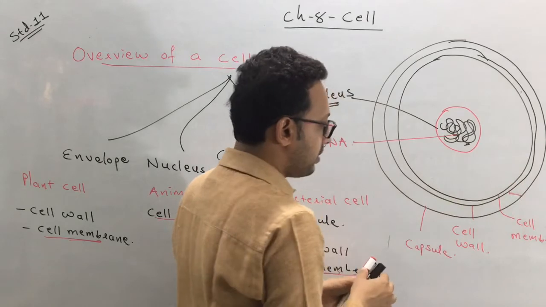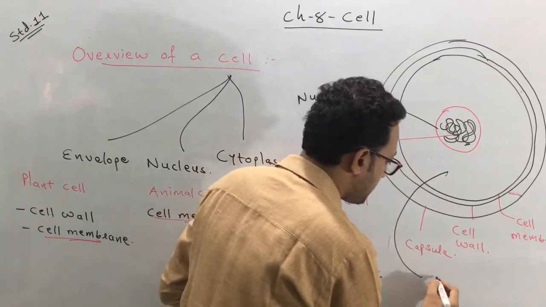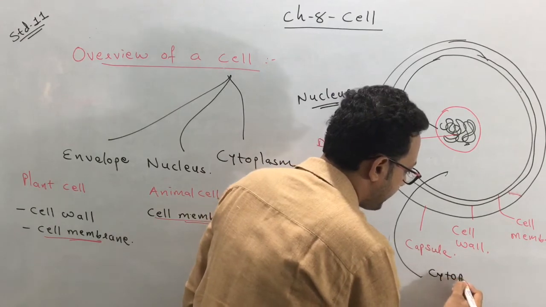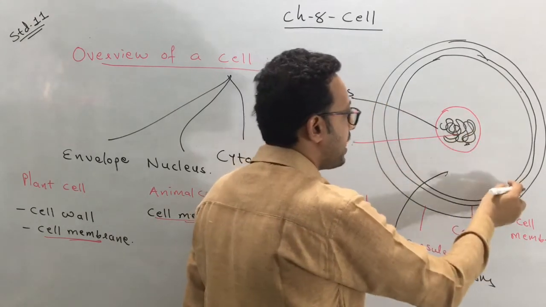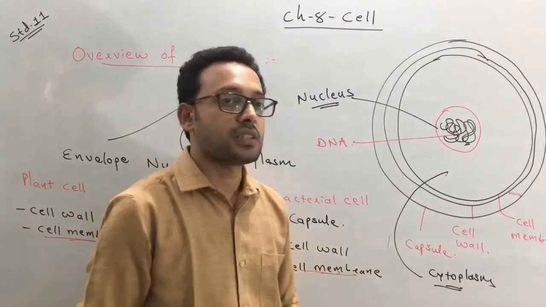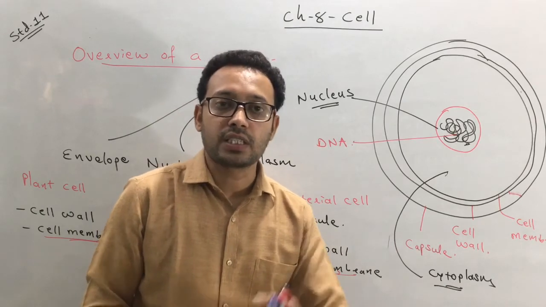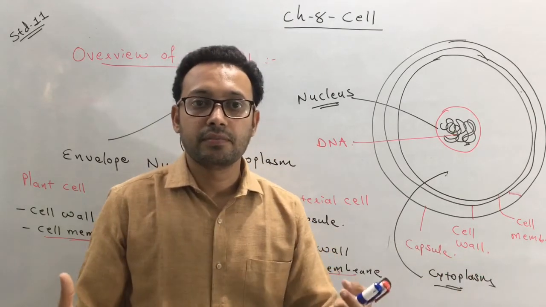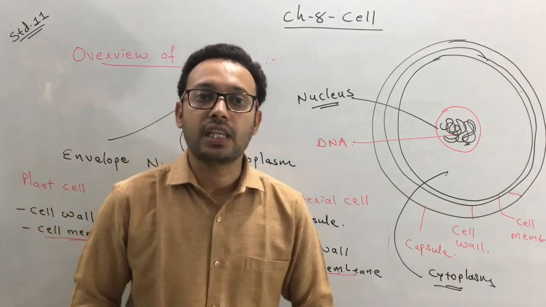This is the inner one, and that is called the cytoplasm. Anything that is present between the nucleus and cell membrane is called the cytoplasm. The word cytoplasm is made up of two words, cyto and plasm. Plasm means plasma, a fluid, and cyto means a cell.